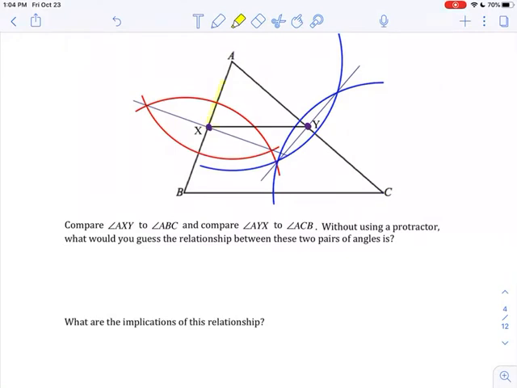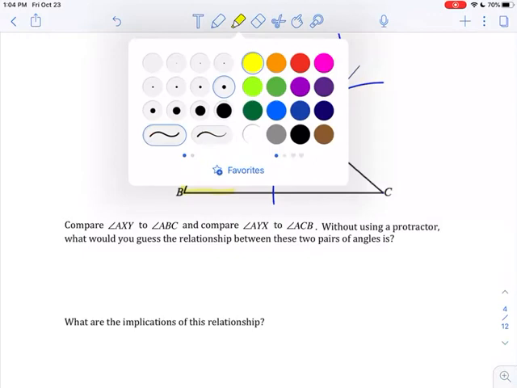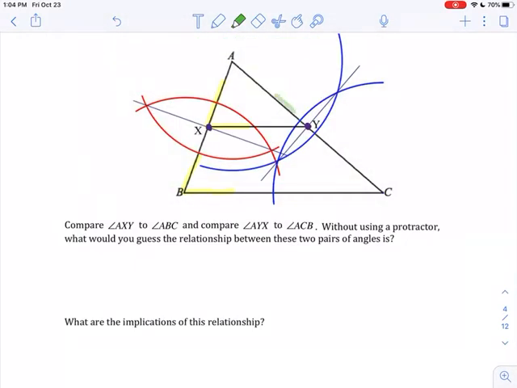Compare angle AXY to angle ABC. So AXY, let me get a highlighter out. AXY is this angle right here that I just highlighted in yellow, and angle ABC, which is right here, which I highlighted in yellow. Okay, and I also want to compare angle AYX. I'll highlight that in green. AYX is right here on the right.